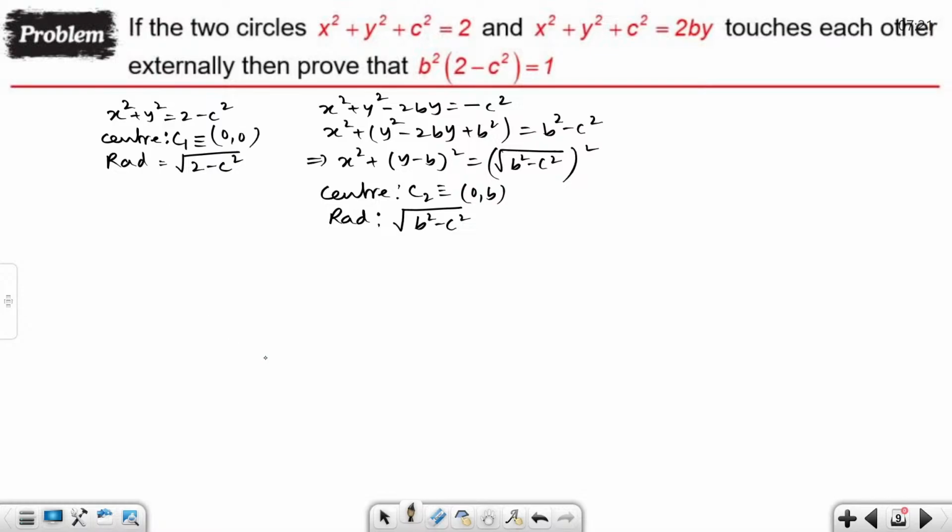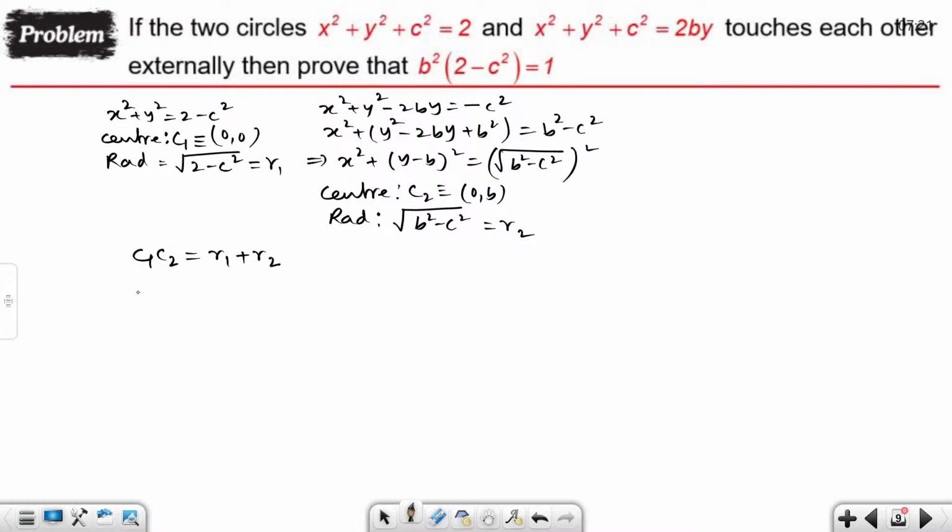Now in the question they have said that these two circles touch each other externally. It means the distance between their centers must be equal to the sum of the radii of the two circles. So it will be R1 plus R2. Is it right?